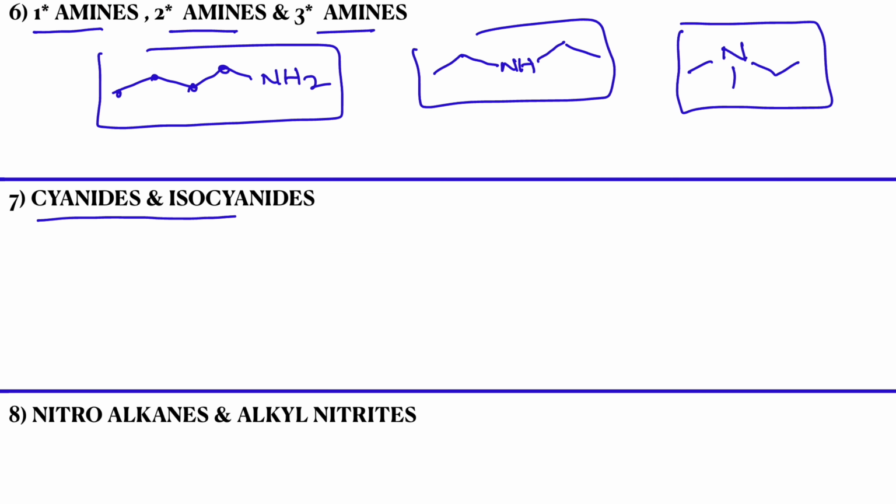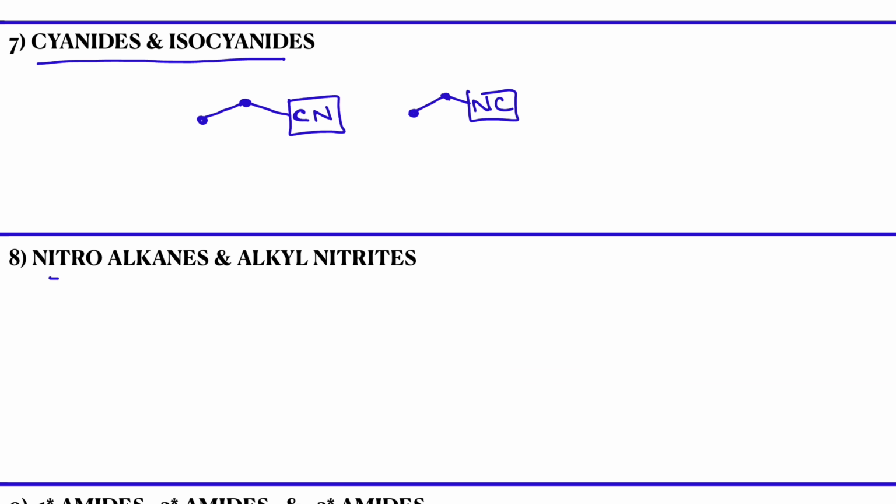Next one, cyanide and isocyanide. Cyanide and isocyanide, these are also functional group isomers. You can see totally 3 carbon atoms are present. Here also 3 carbon atoms and 1 nitrogen, but here the functional group is the cyanide functional group, here the functional group is the isocyanide functional group. Next one, nitroalkanes and alkyl nitrites.